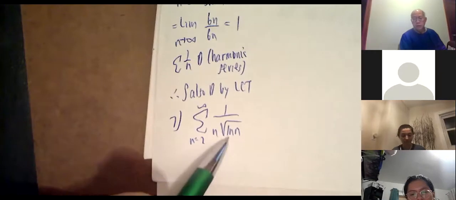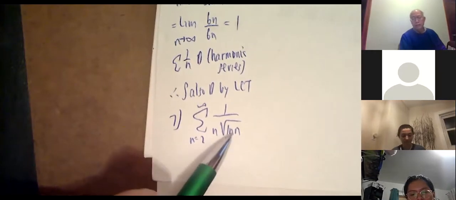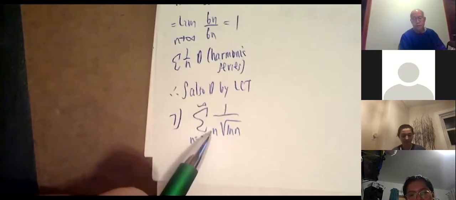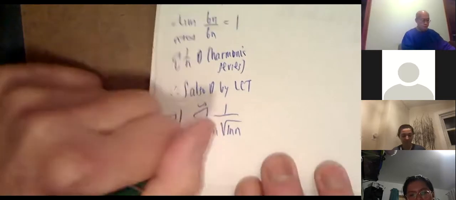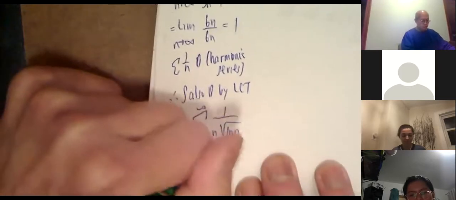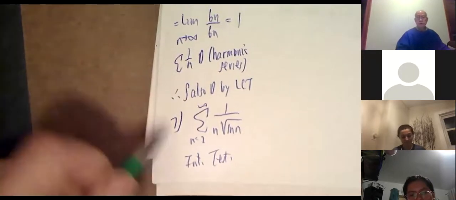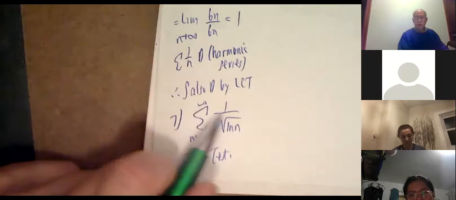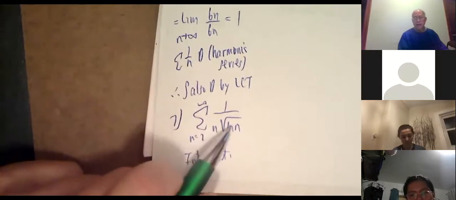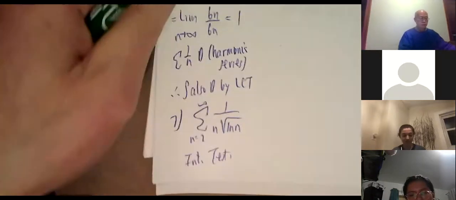What's the derivative of ln x? 1 over x. So this one should be the integral test. We can integrate that. So how do we integrate? Go from 2 to infinity and just change n to x: 1 over x radical ln x.